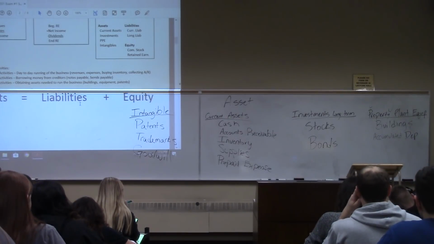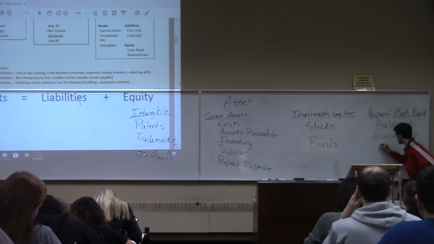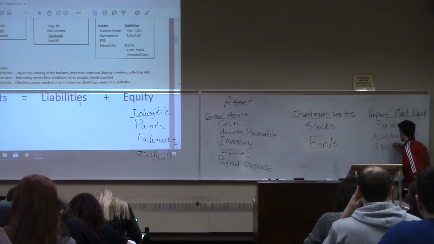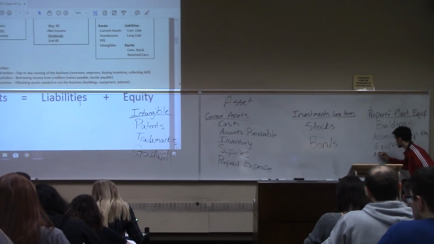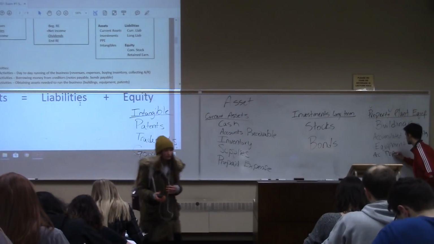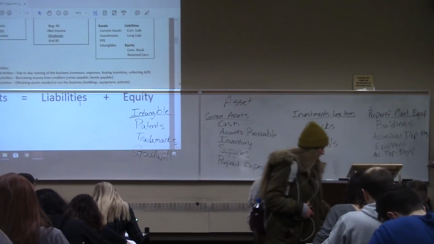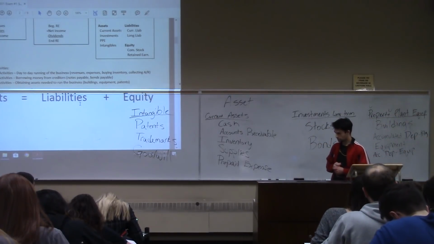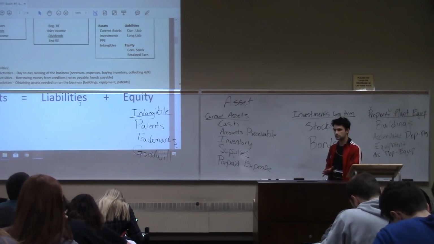Maybe that will make more sense once we start doing journal entries. But for each property, plant, and equipment, we've got this accumulated depreciation account. So accumulated depreciation for the buildings, accumulated depreciation for equipment. Any questions so far with the assets?